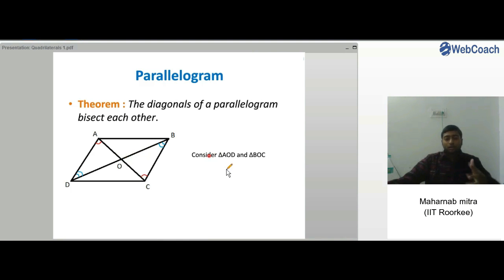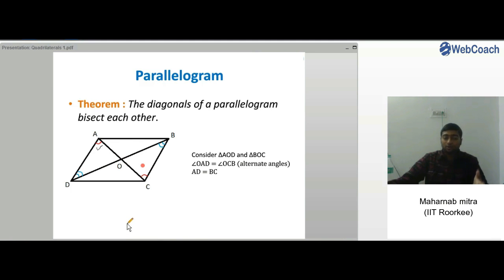So let us consider the two triangles AOD and BOC. You can see we have got angle OAD equals angle OCB, which is this angle, right?